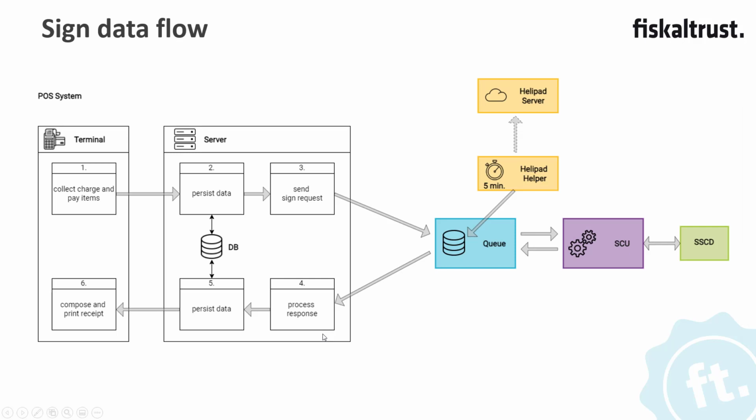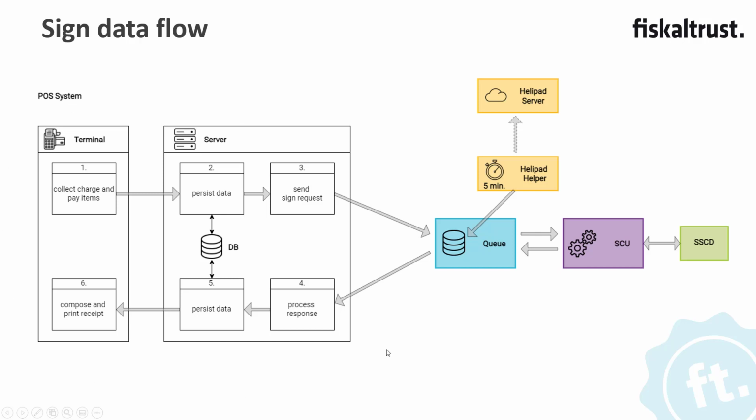Let's have a more detailed look at how the data flow looks, especially when including more details of the POS software. Of course, depending on your software and your system architecture, you may or may not have a terminal and you may or may not have a server. So it could also easily be that these components are in one system.